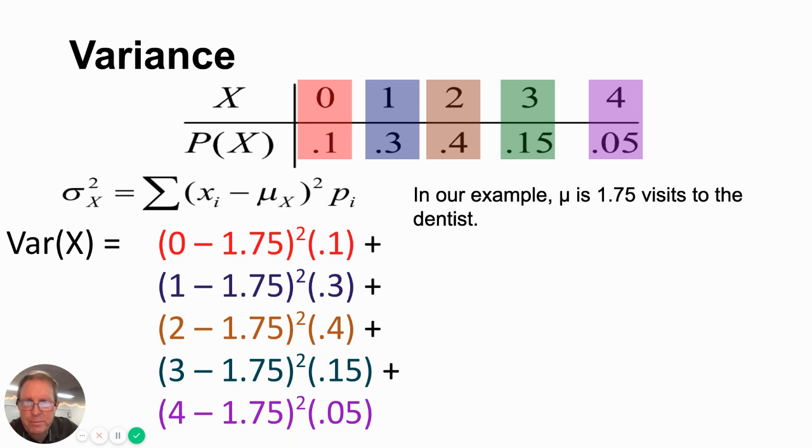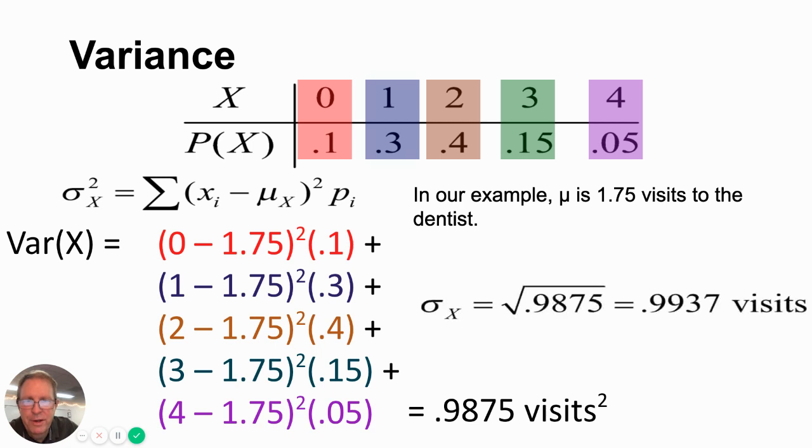Then I add them all up, and I get 0.9875 visits squared. This is variance, so the units for variance are visits squared. Now to get standard deviation, I just have to take the square root of it. And the square root is 0.9937. Again, don't round these numbers.